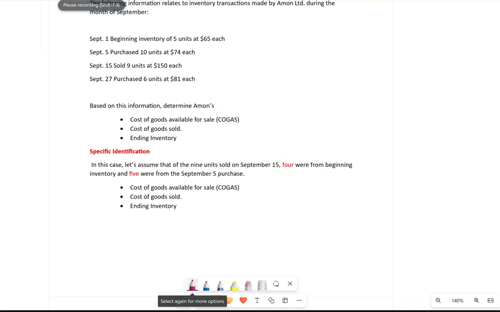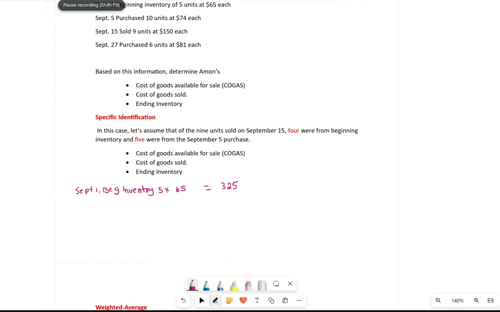So we have September 1st, a beginning inventory, BEG stands for beginning inventory. We have 5 units at $65, and that gives me $325 for my first one.